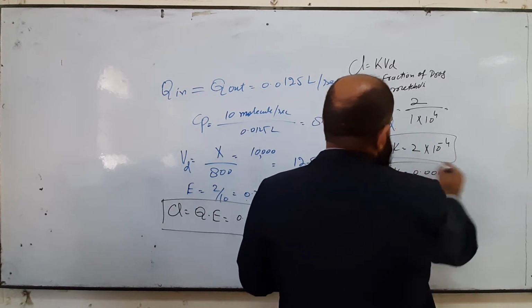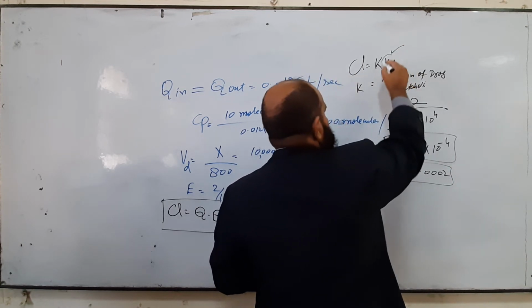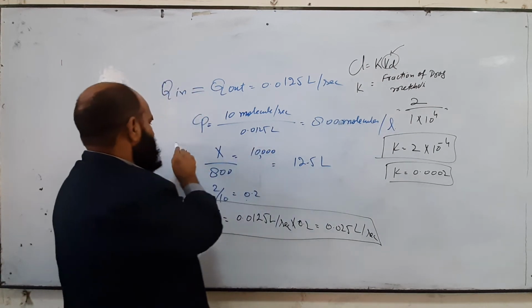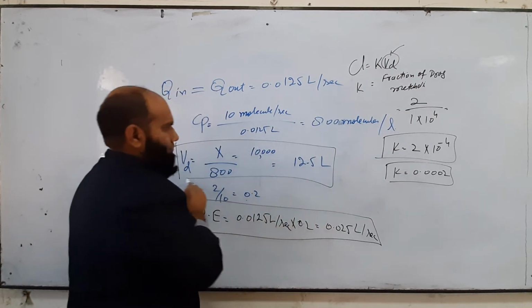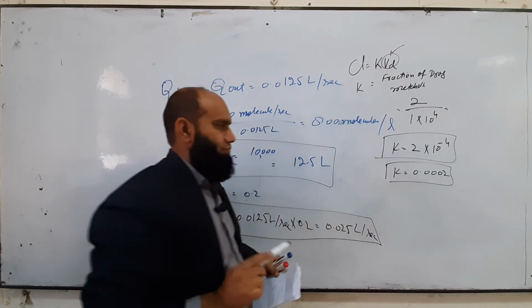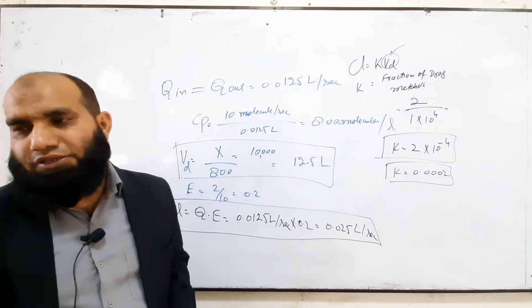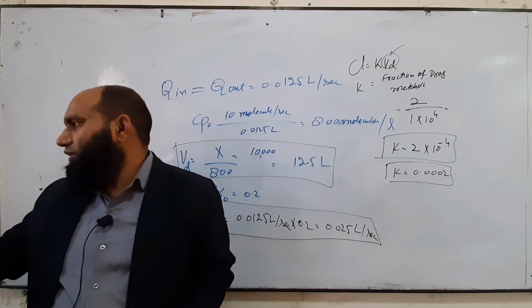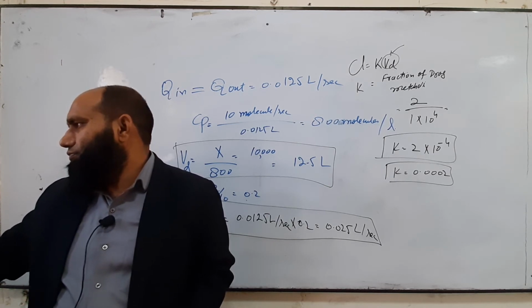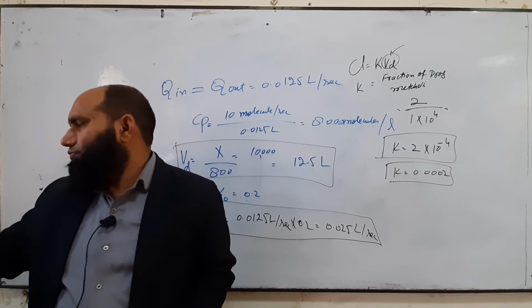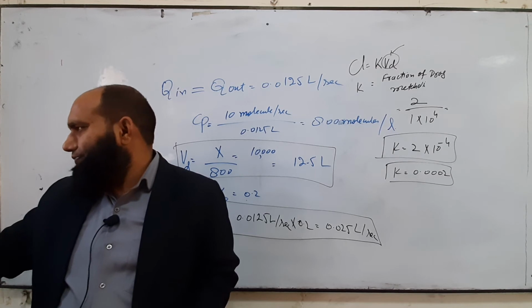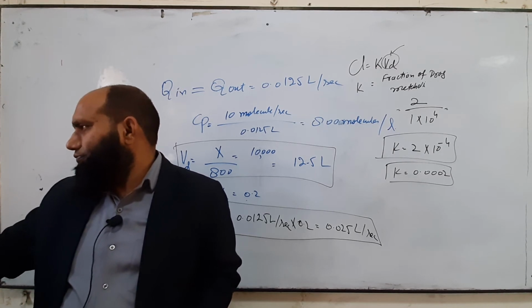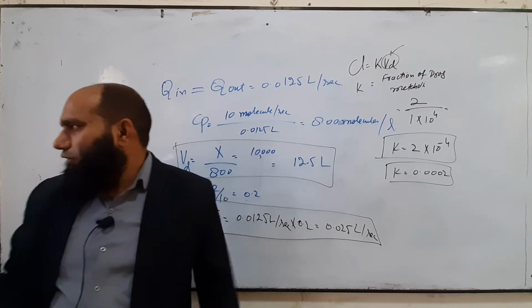So now we have the VD and we have the K. We will multiply this K and VD, and we will get the clearance value. That clearance is K VD.